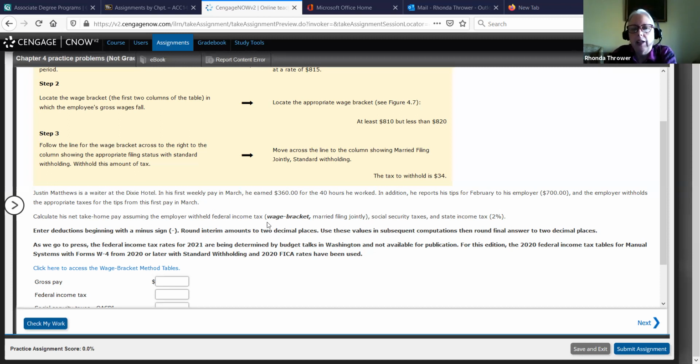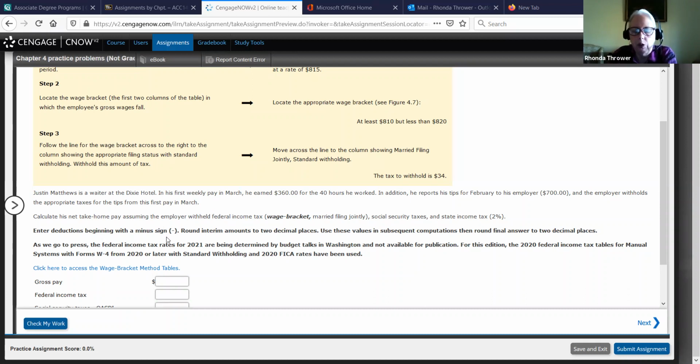We're going to be calculating the federal income tax based on the wage bracket method, and the person is married filing jointly, and he gets a weekly pay. That's the weekly pay period for that employee. Now take into consideration what they've got in bold here, because this is very important. When you enter your deductions, you're always going to put a minus sign in front of them.